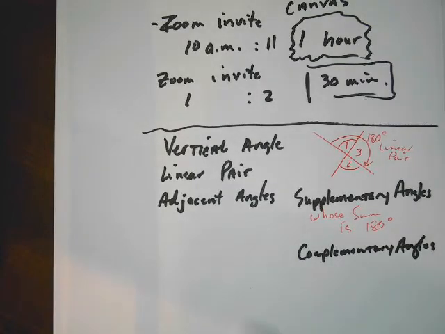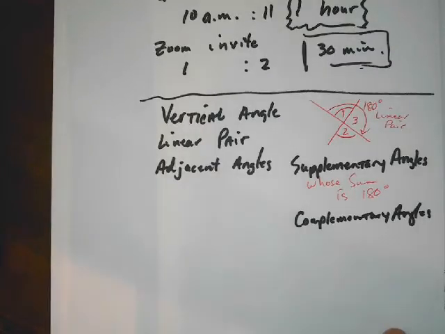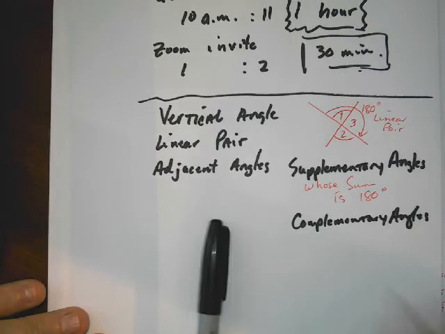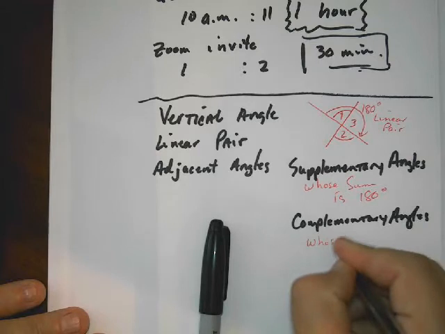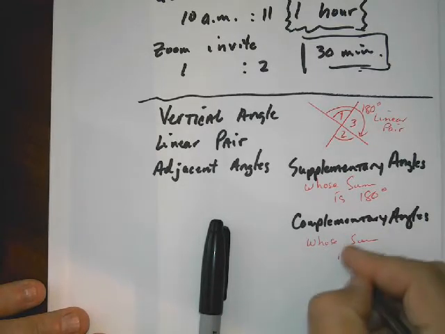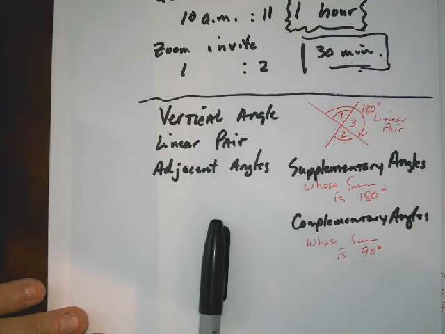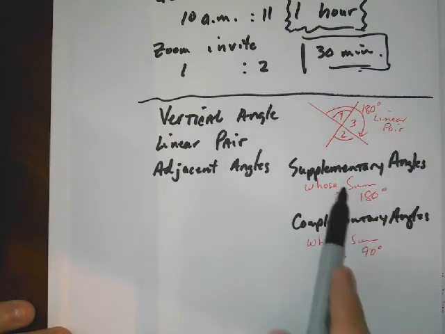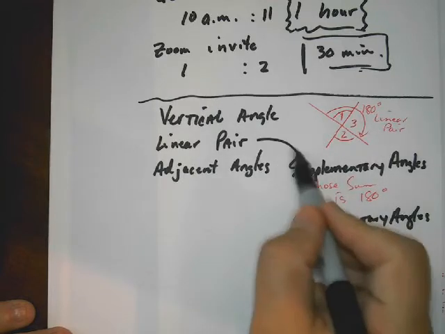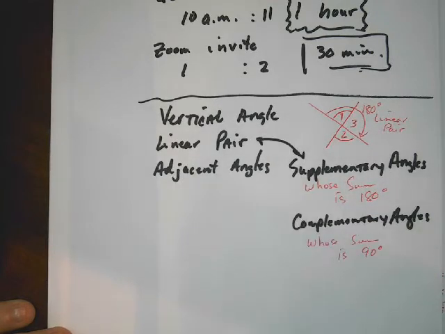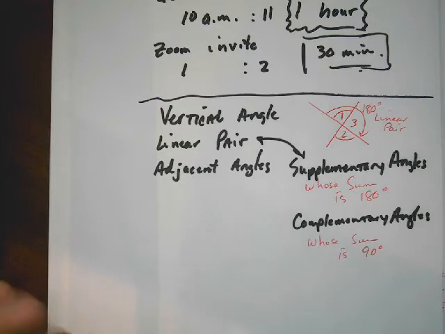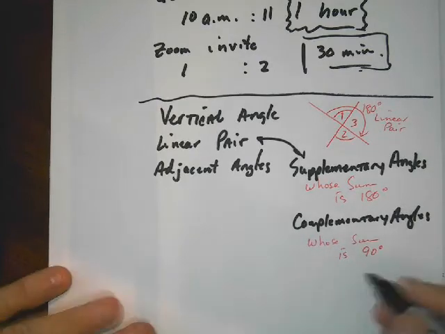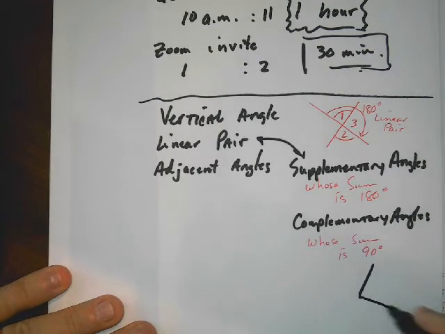Remember, if I get going too fast on this video, just pause it, get caught up, and then you can keep going. So complementary is whose sum is 90 degrees. A linear pair and adjacent angles usually go together. Supplementary and a linear pair are closely related. Complementary angles usually are just adjacent angles, something like this.